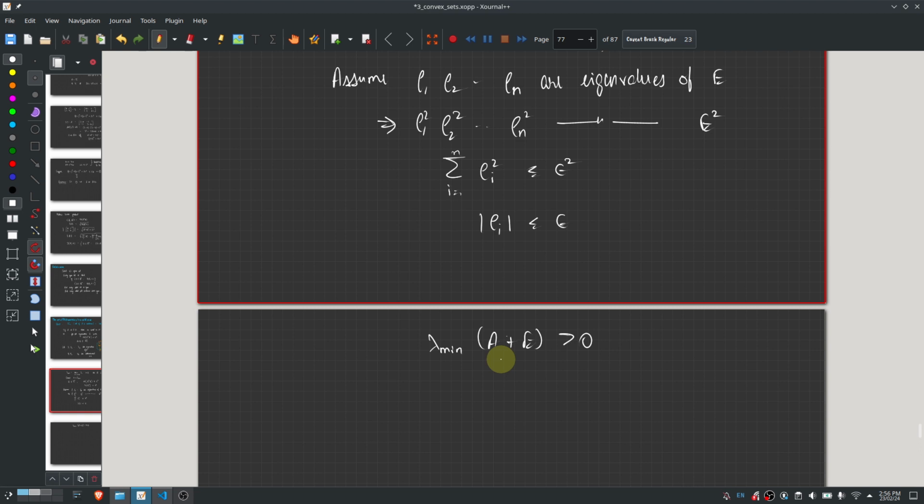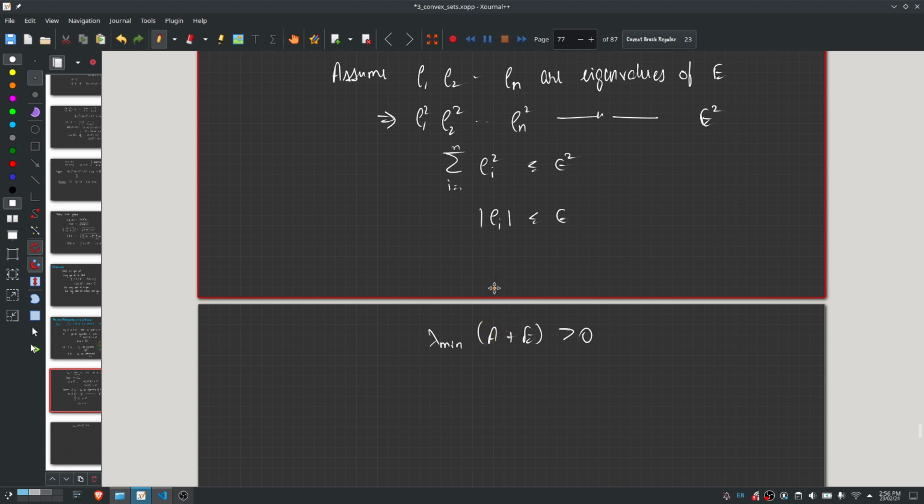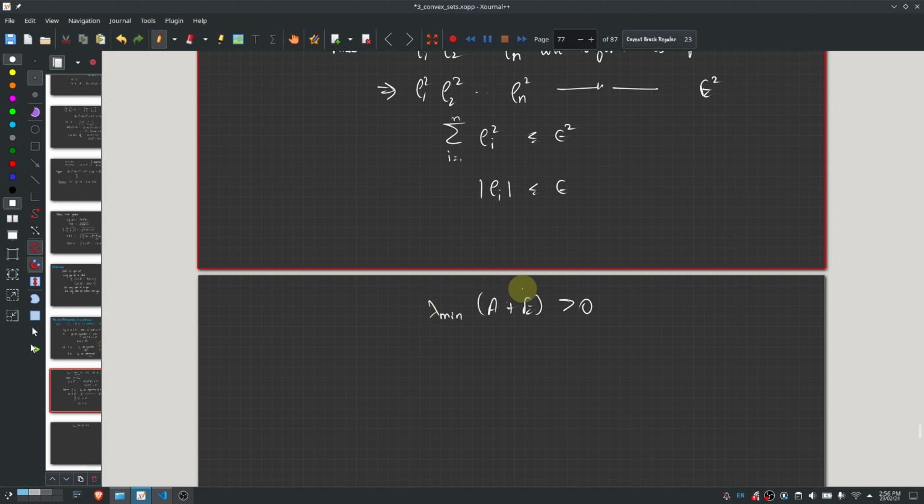It's something which is at least minus epsilon. So if I'm able to show that lambda min of A plus E is strictly greater than 0, I know that lambda min of A is strictly larger than epsilon. Okay. So what do you know about the eigenvalues of the sum of two matrices? Yeah. Okay, and why is that the case?